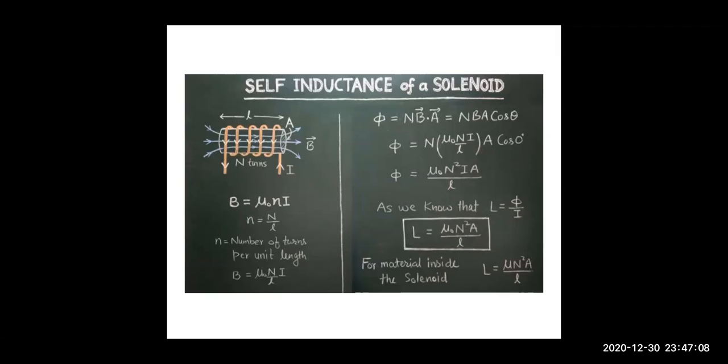It depends upon the number of turns, the medium, the cross-sectional area of the solenoid, and the length of the solenoid. And here, as you can see, it is inversely proportional to length. So if the length is less, the self-inductance will be more, and for all other properties, it is directly proportional.